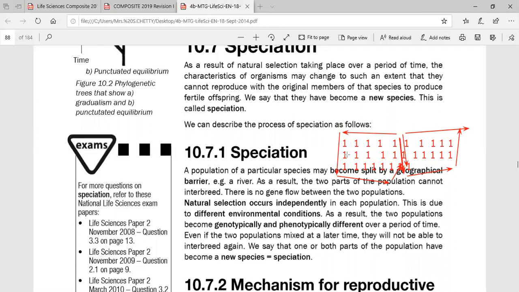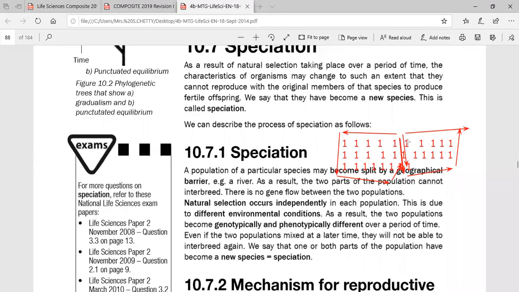So natural selection will occur here and natural selection will occur here. So natural selection occurs independently in both these areas, such that, my darlings, these organisms become genotypically and phenotypically different from each other.